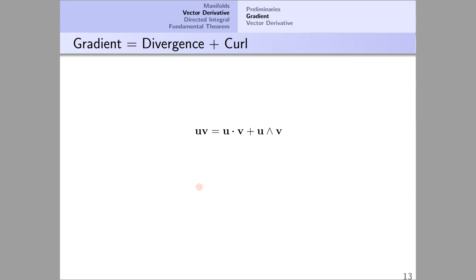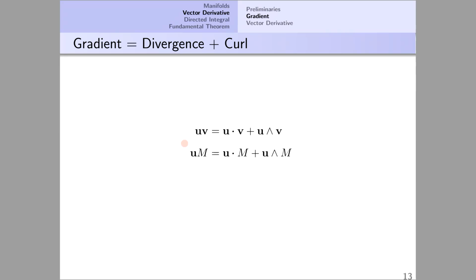Recall the fundamental identity of geometric algebra. The geometric product of two vectors is equal to their inner product plus their outer product. This can be generalized, replacing v with a general multivector m. Simple counterexample so that I can't then also replace u with a general multivector.